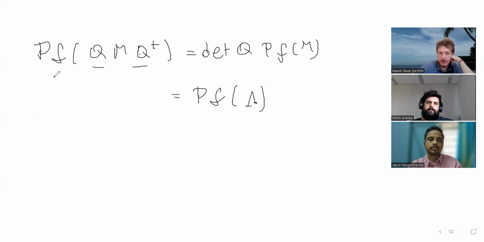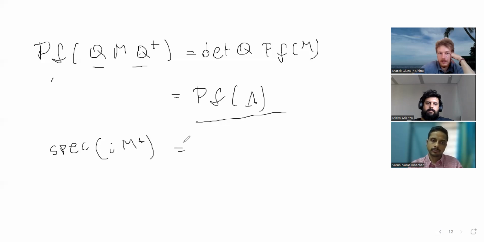And this also tells you one more fact. This is easy to compute, because you take the spectrum of IM, or the antisymmetric part of this, and then take the full product of the spectrum, which is the Pfaffian of M, yeah? So it gives you a quick, efficient algorithm to compute the Pfaffian.